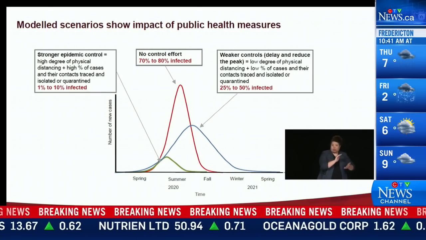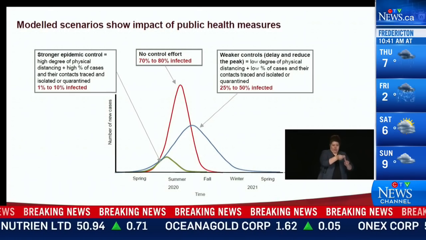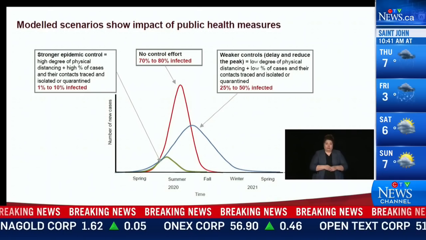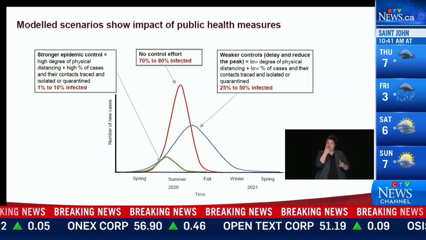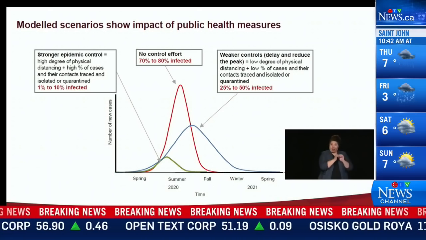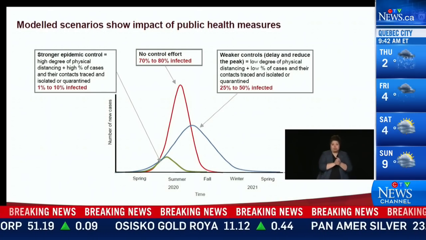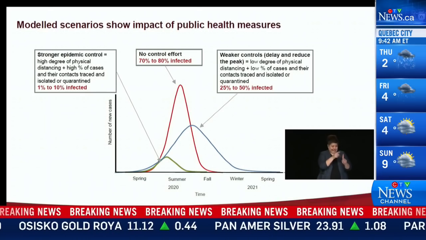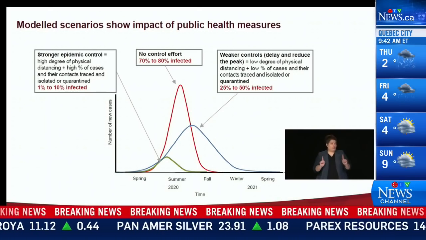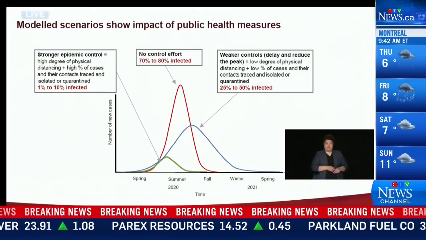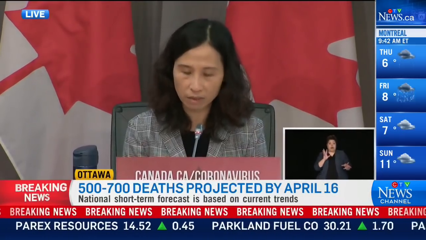We can stay on this green curve only by achieving a high and sustained degree of physical distancing and at the same time a high rate of case detection and self-isolation.